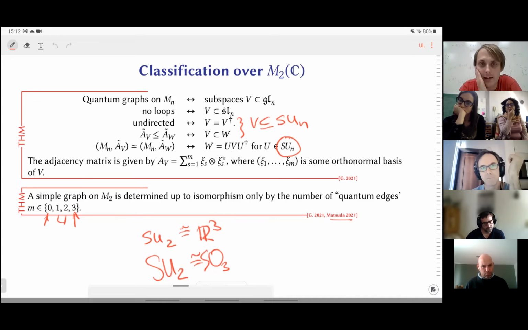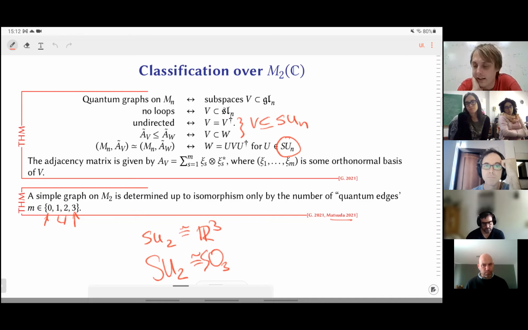Yeah. So I think you basically would like to have this Frucht theorem in the quantum setting, right? Classically, if you take a finite group, then you can realize this finite group as an automorphism group of some graph. And this is a very natural question.